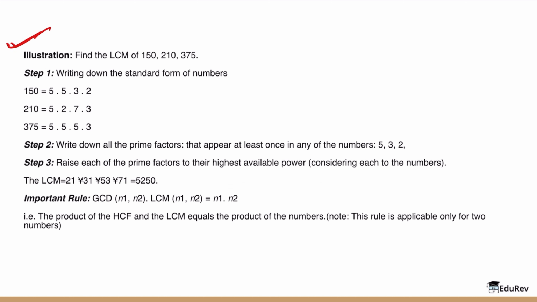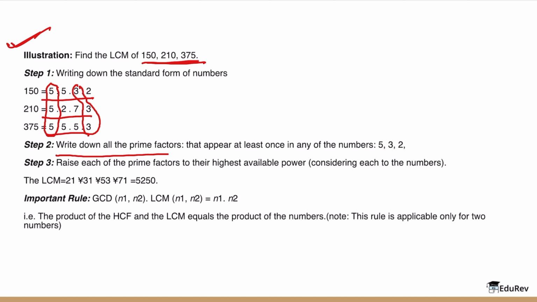So how are we supposed to find the LCM? It's simple. Suppose these are the three numbers and I need to find the LCM of these three numbers. I will write them down in standard form. Then I will take all the prime factors which are appearing, for example 5, 5, 5 are appearing.